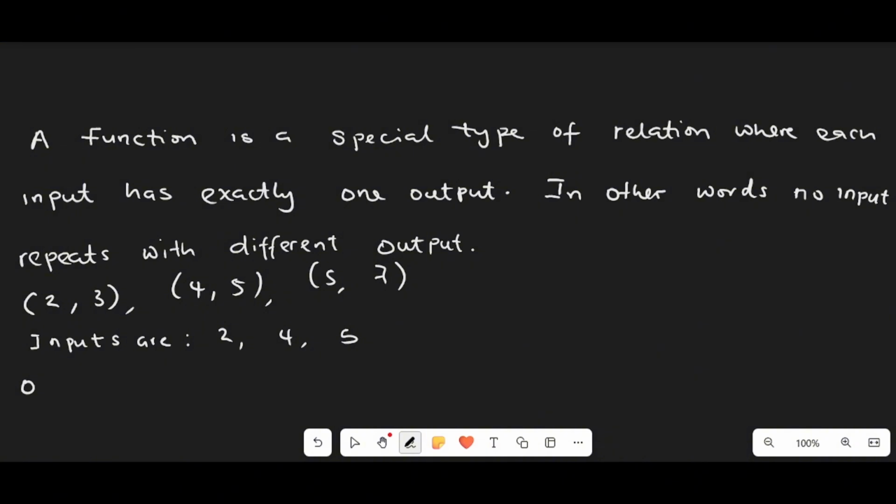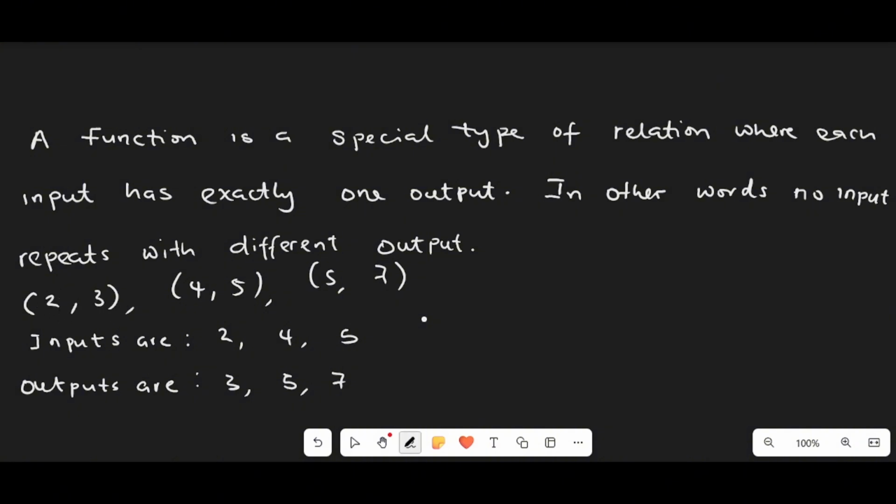Our outputs are 3, 5, 7, and we can see that in this example 2 is paired with 3, 4 is paired with 5 and 5 is paired with 7. We don't have any case where an input has more than one output.